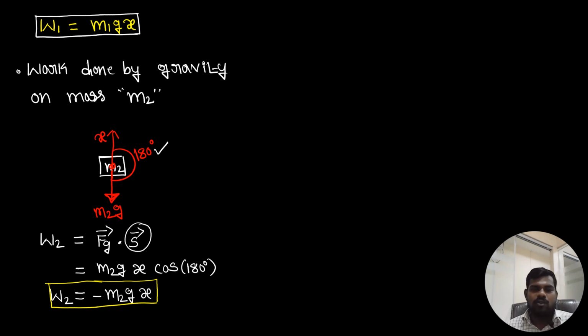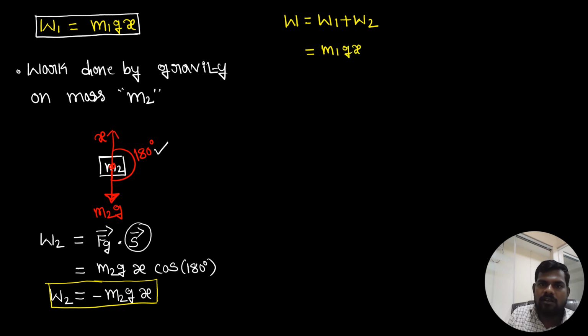So now I want to find the total work done. W is equal to W1 plus W2. That is equal to W1, which I got, m1gx, plus minus m2g into x. In this case, gx is common. So m1gx minus m2gx.